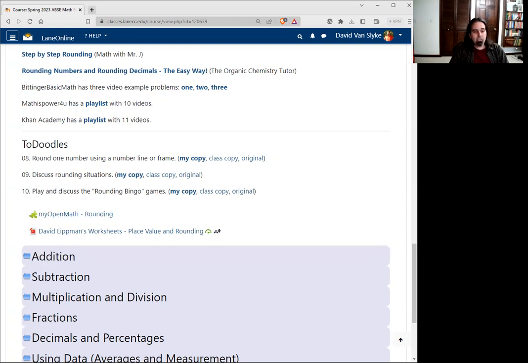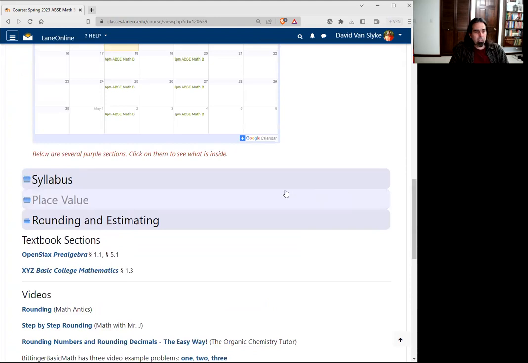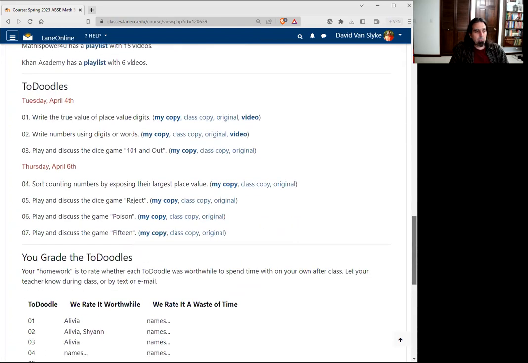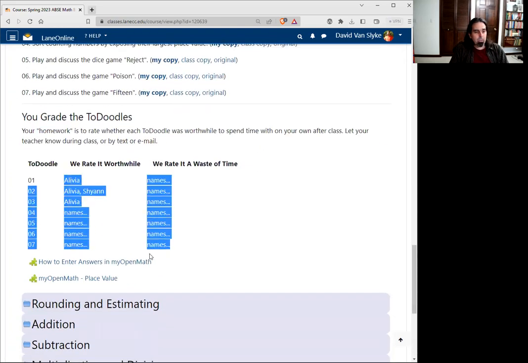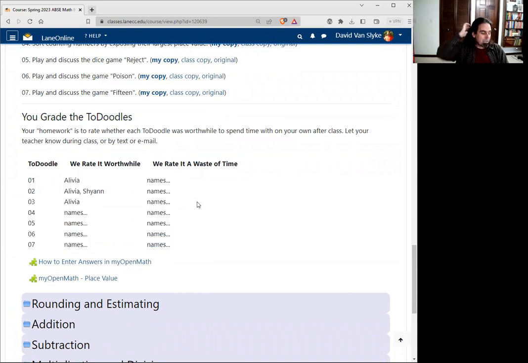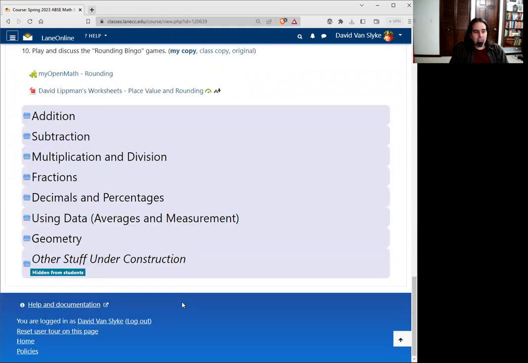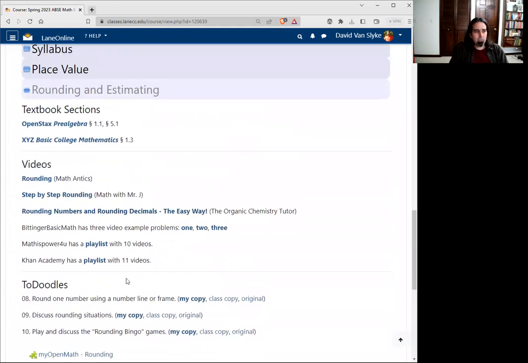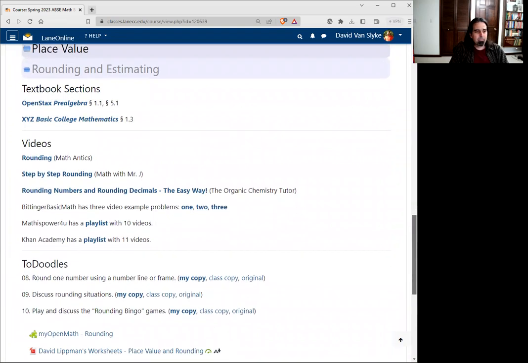Same plan as always. I don't have a little chart yet, like I do for place value, where we talk about who thinks the different ToDoodles were worthwhile or not when looked at on their own. Try again to look at about 1 ToDoodle a day to stay on track. I will put a table like this at the end of rounding and estimating also, and we can grade the ToDoodles.